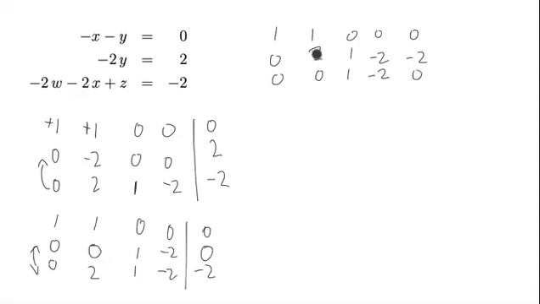Now using row operations, without changing this one over here, to make this a 1 we just divide this whole row by 2, or multiply it by a half. So we'd end up getting a 1, 1/2, and then a -1 and a -1.